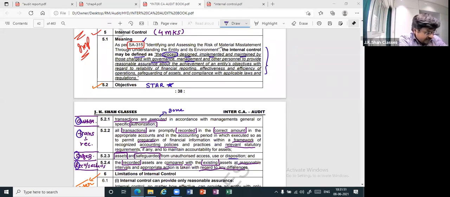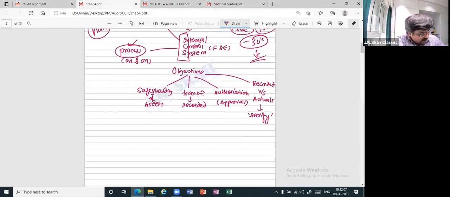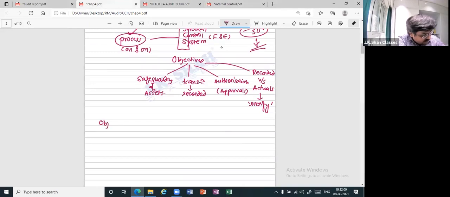Some people are asking what is the full form of STAR. It's okay, thanks for coming. How will you write it in the key chart? In the question, you write objectives of internal control, and thereafter STAR. S is safeguarding of assets.